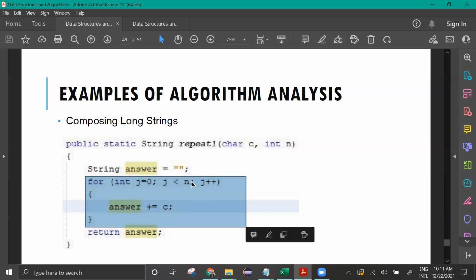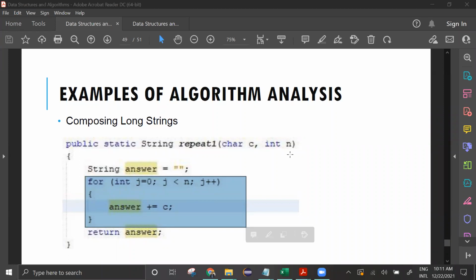At every time, we are appending one character at a time. So the loop goes n times. Whatever the value that we input here, it iterates n times.